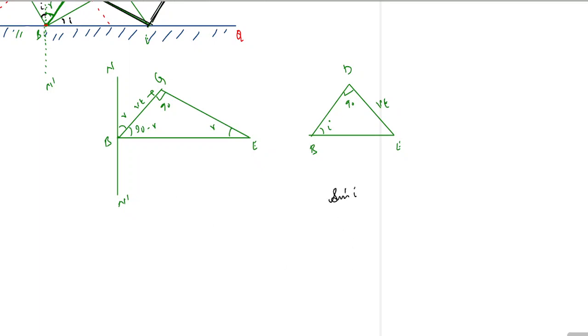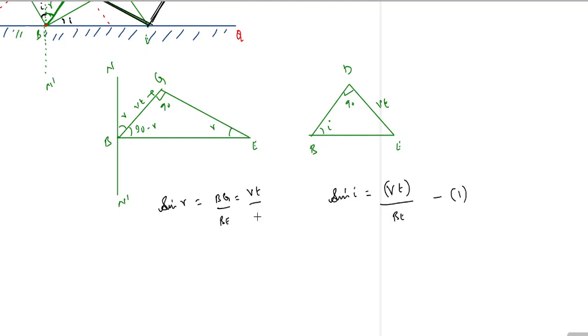So sine of I is equal to VT, which is the opposite side, by the hypotenuse, which is BE. Let us call this 1. From here, let us find sine R. Sine R is equal to the opposite side, which is BG, which is the same as V into T, by the hypotenuse, which is BE.